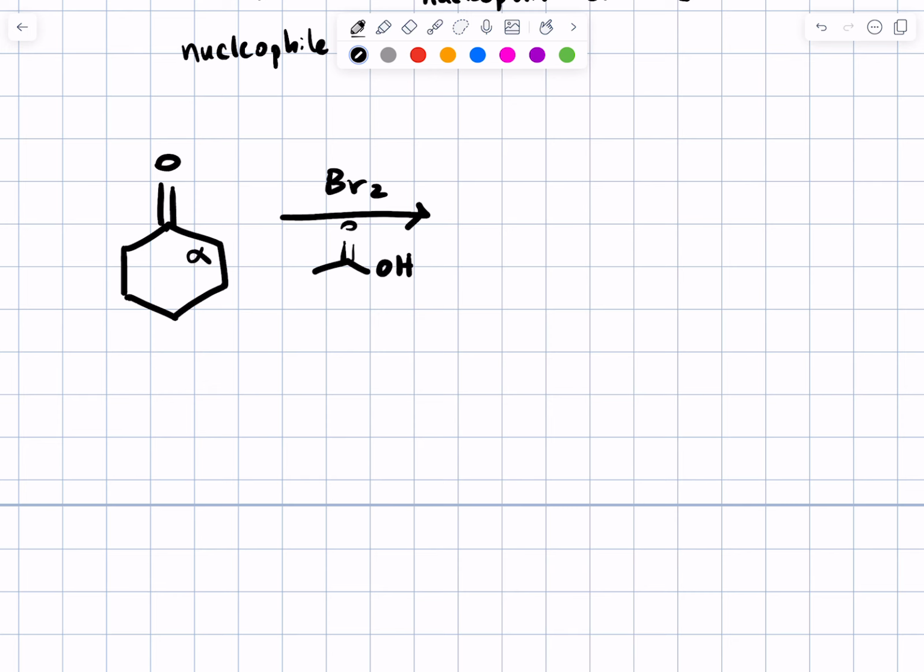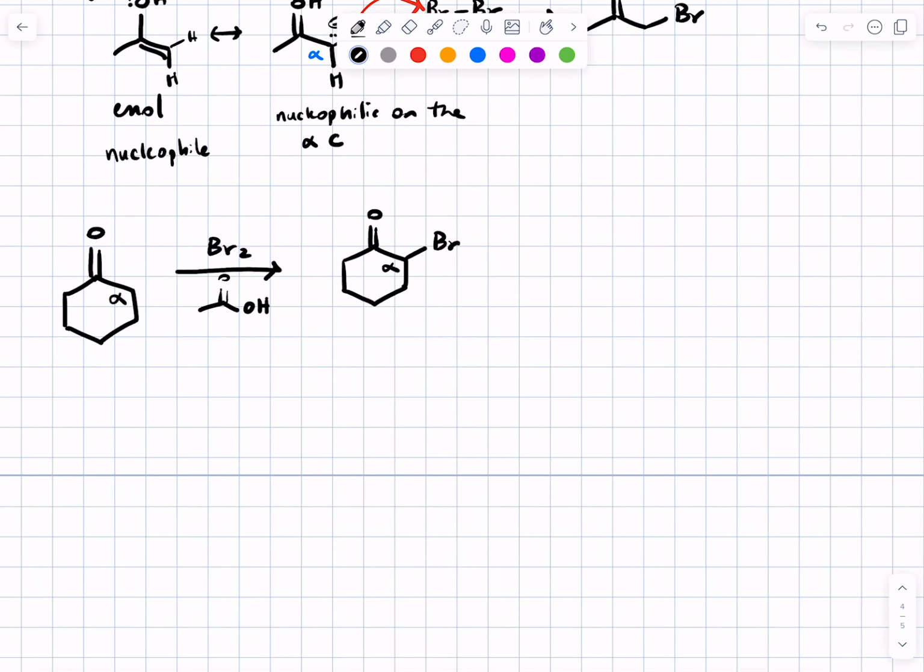Here's the alpha carbon. This alpha halogenation of ketones will install a bromo group on the alpha carbon. Now we're going to consider some things you could do with that bromo leaving group. For example, one of the classic things you could do would be an SN2 reaction.